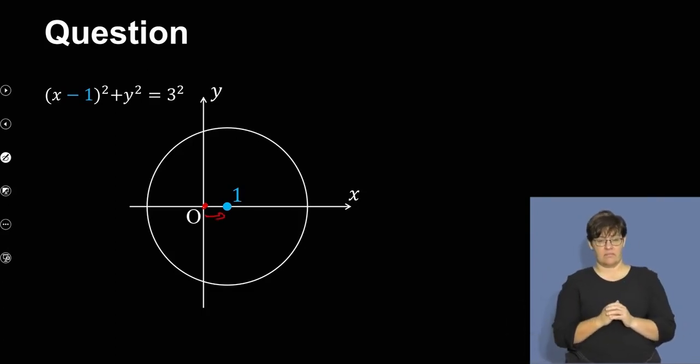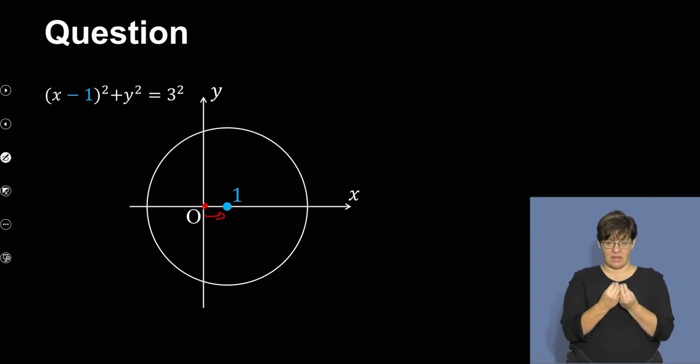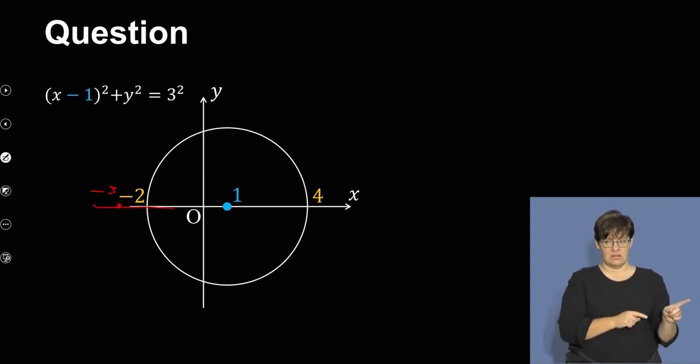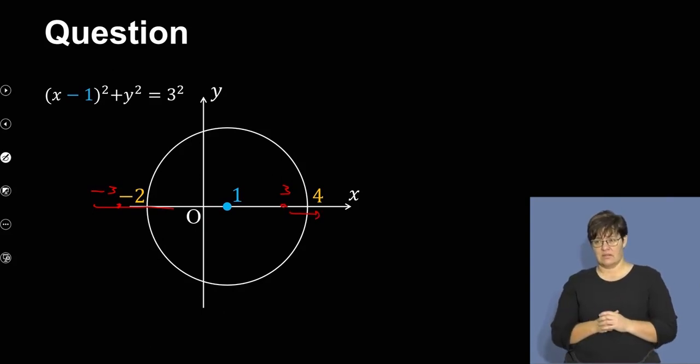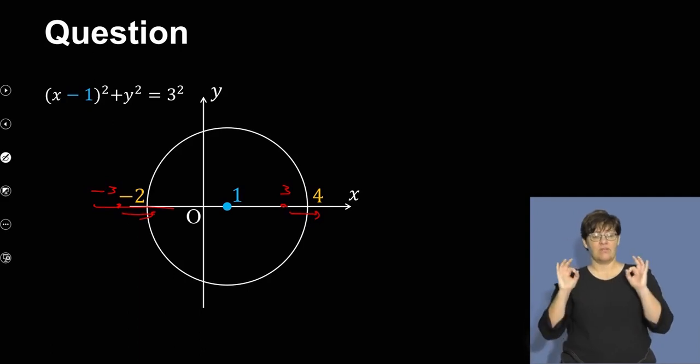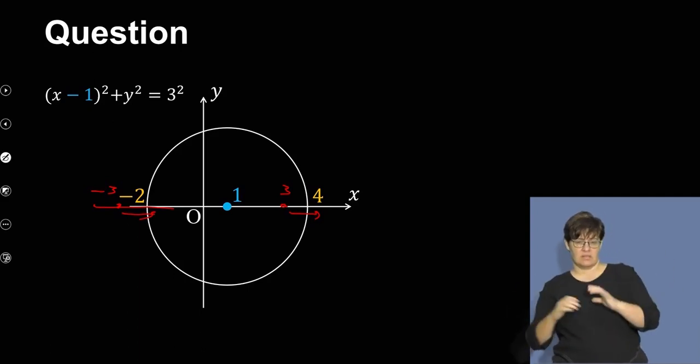And everything is going to be shifted 1 to the left, including the x cuts. So the x cuts were at minus 3 here, and at 3 there. And what happened is it shifted 1 to the right, exactly like my whole circle shifted 1 to the right.